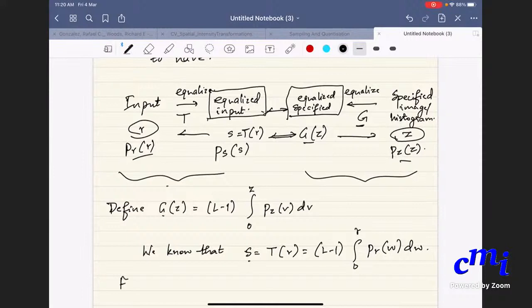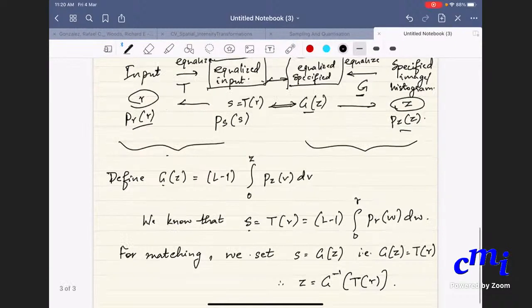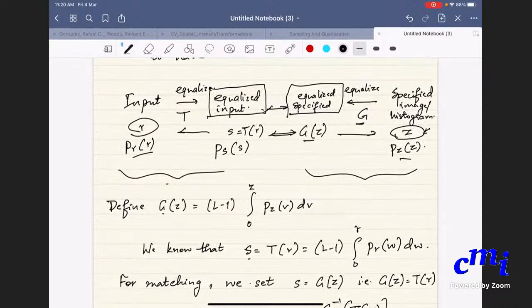For matching, we set S equal to G of Z. That is to say that G of Z equals T of R. You can also express this as saying Z therefore is G inverse of T of R. So this gives us a connection between these intensities Z and the input intensities R.